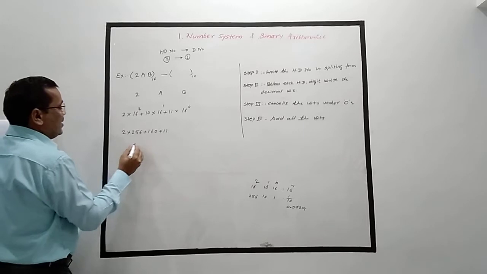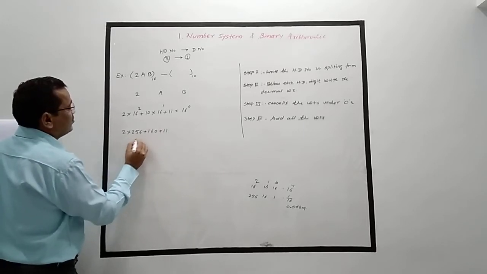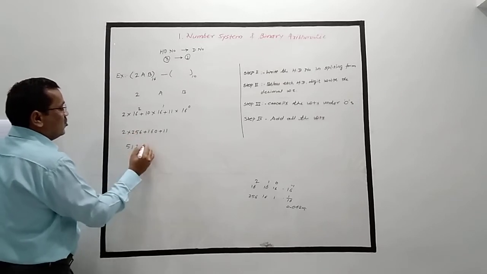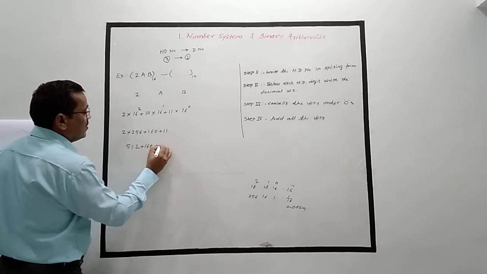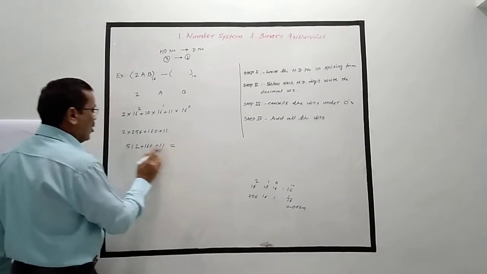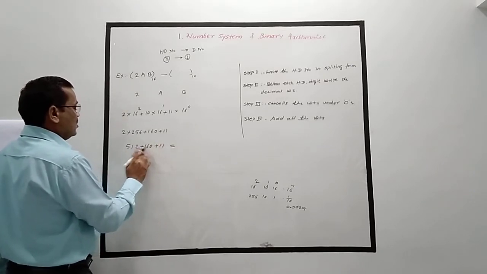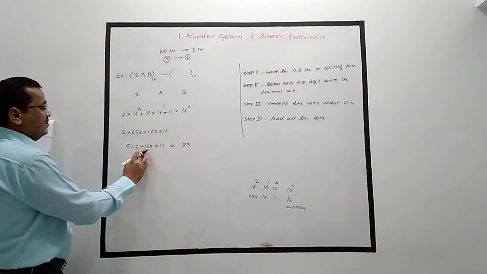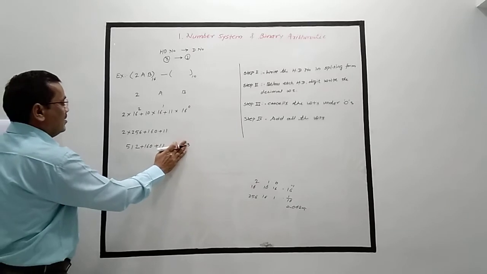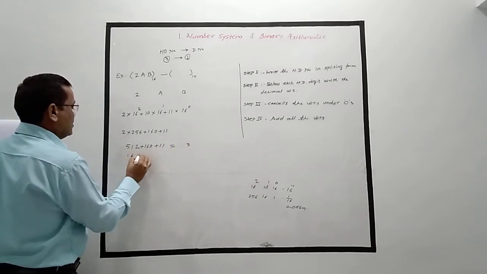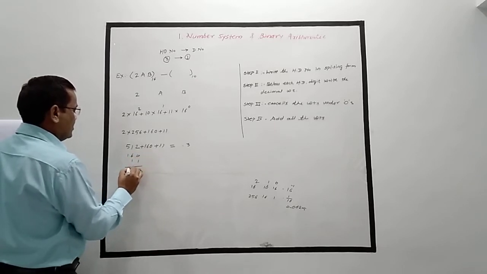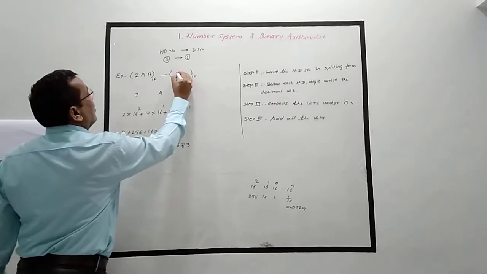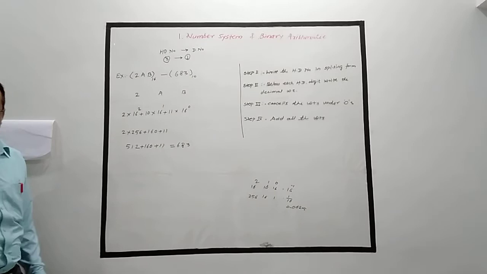Now if we add these weights, 512 plus 160 plus 11, adding all these will give 683. 683 is the decimal number equivalent of the hexadecimal number 2AB.